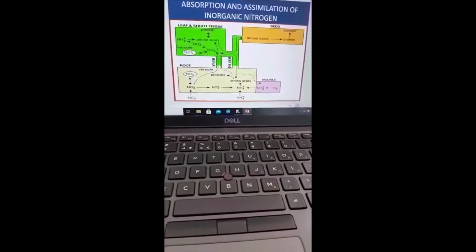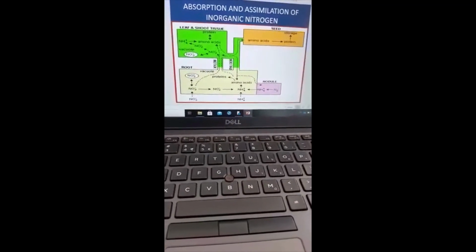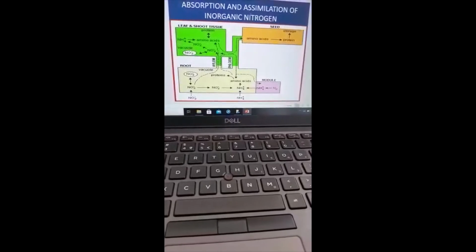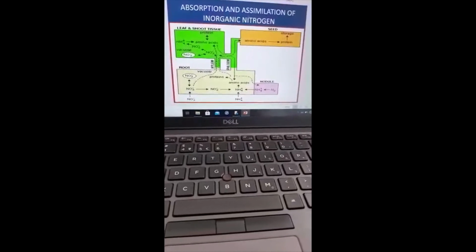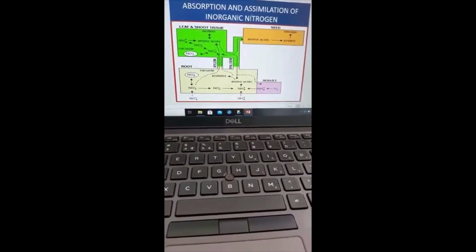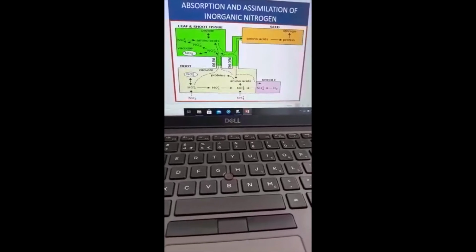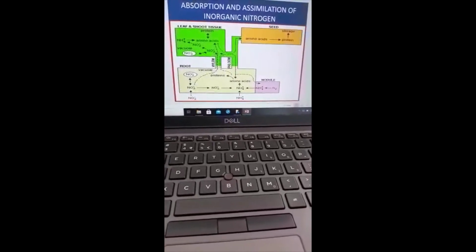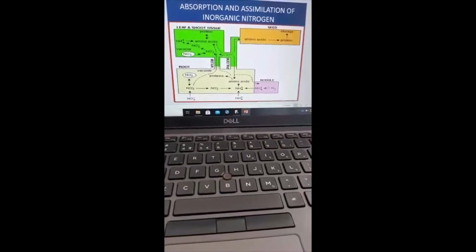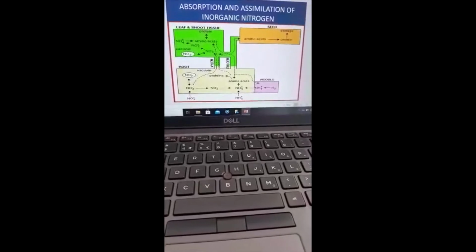So when this nitrogen is available in the soil, our main focus now is how does a living plant make use of it? So our main focus is going to be the absorption of this nitrogen, and from there, the processing of this nitrogen by the plant.